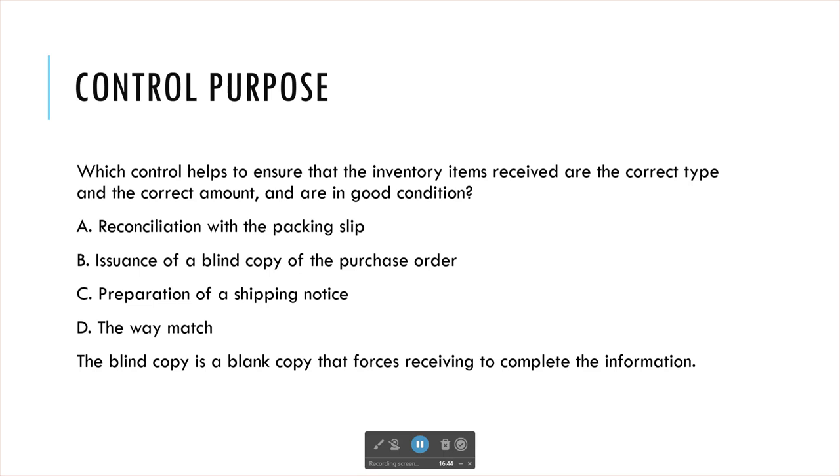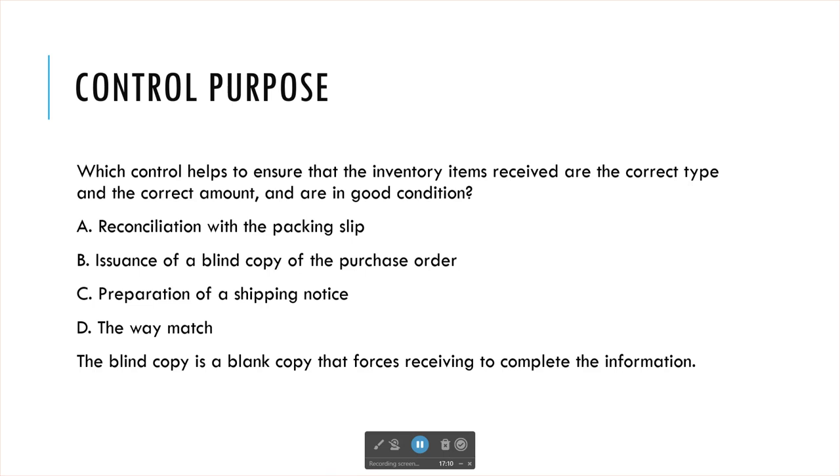You want them to actually physically pick up the items and count the items, because in so doing, they are able to say whether the items are all alike, they're all the same item as they should be, that all the items are in good condition, and that the total quantities agree.